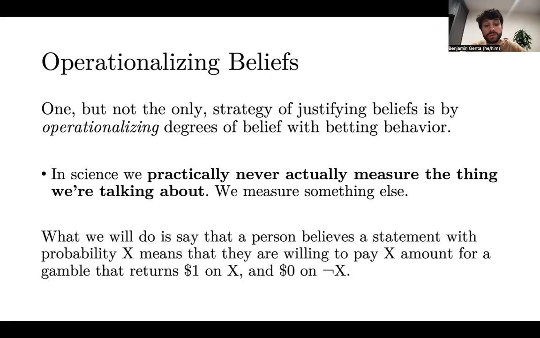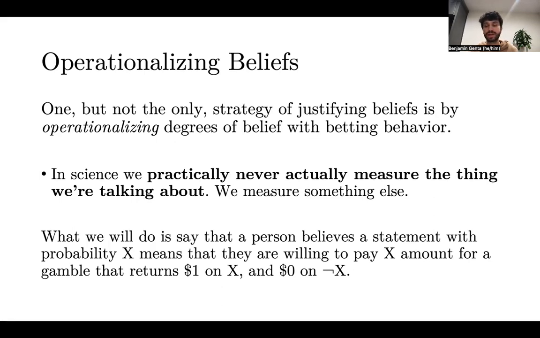But what we'll do is say that a person believes a statement with a probability X. What that means is that they're willing to pay X amount for a gamble that returns $1 and $0 on not X. So let me restate that.